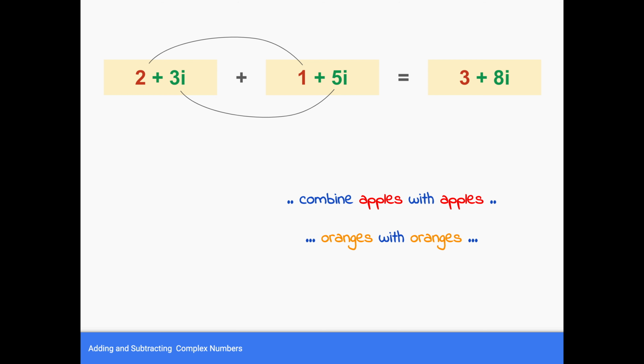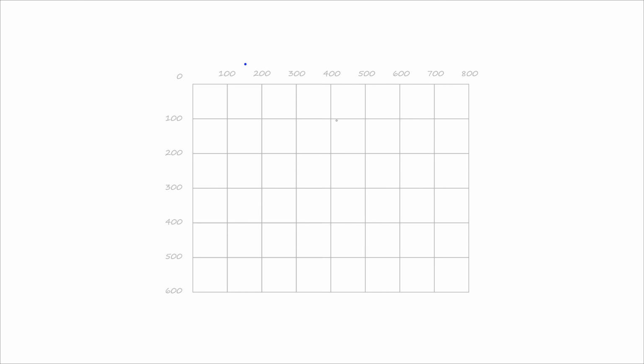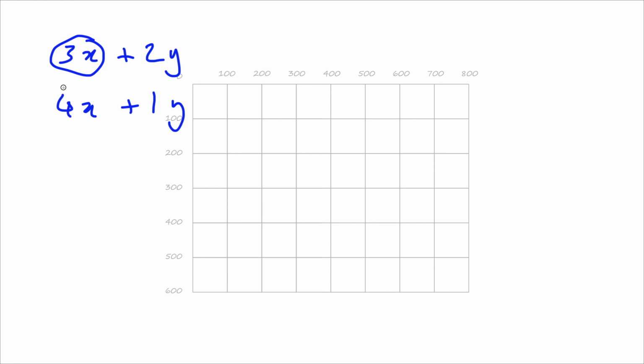Let me draw a sketch here. So if I had 3x plus 2y, so this is normal algebra, and then I added to that 4x plus 1y. How do we add that? What we do is we bring together like terms. That's the word they used in school. It's essentially bringing together apples with apples and oranges with oranges. So these are x's, 3x and 4x.